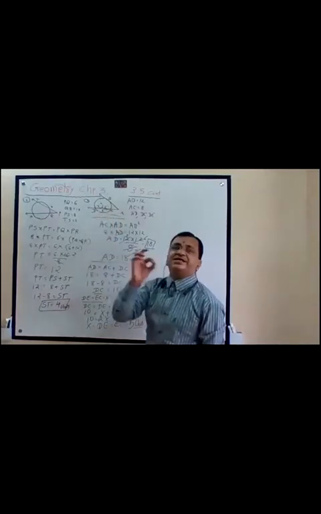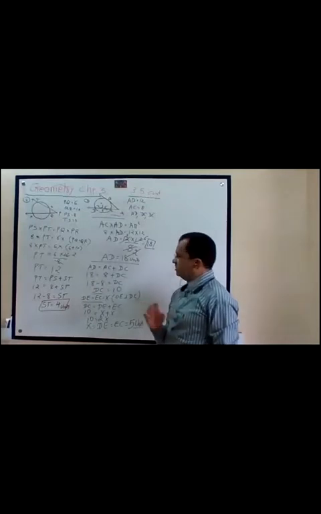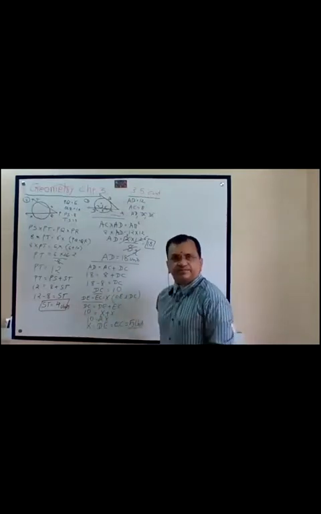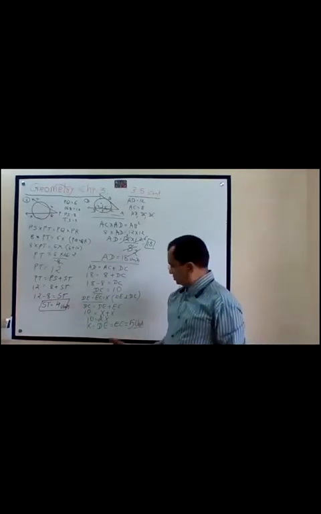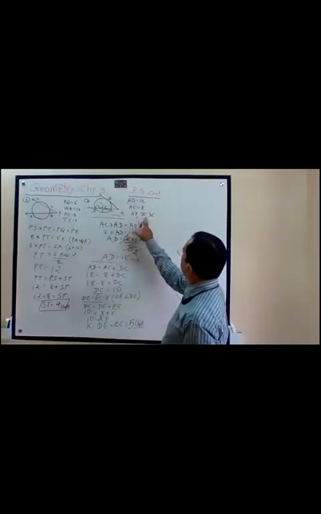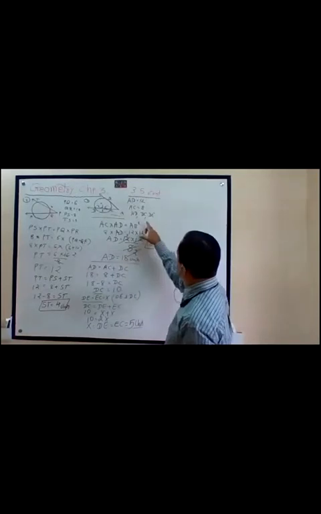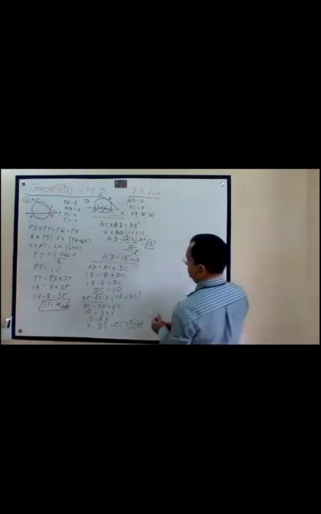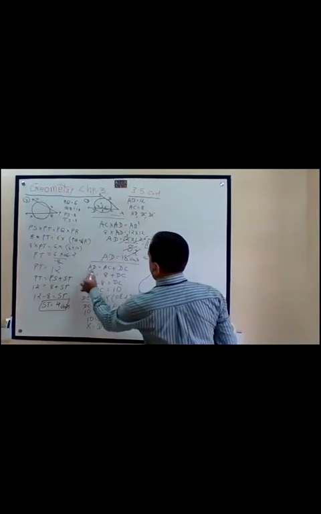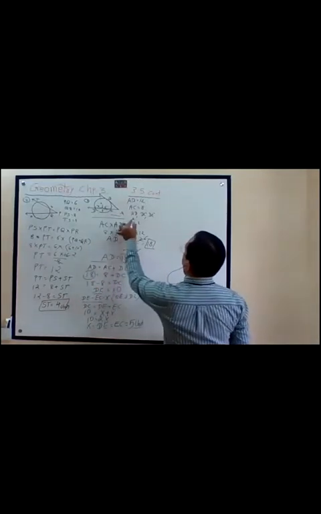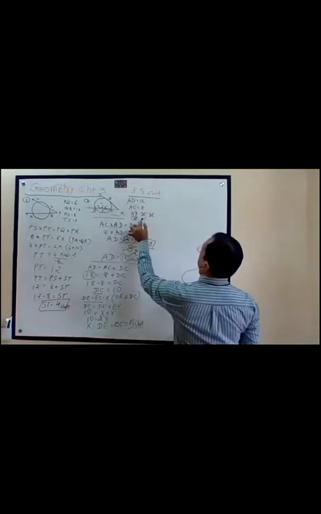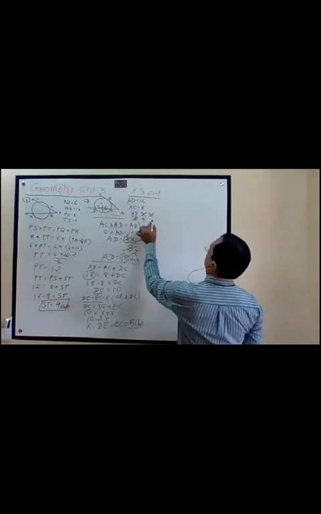So rest of the part is 10. So half of 10, 5, 5. Correct. So AD we got full AD, that is 18. DC 10, DE 5.